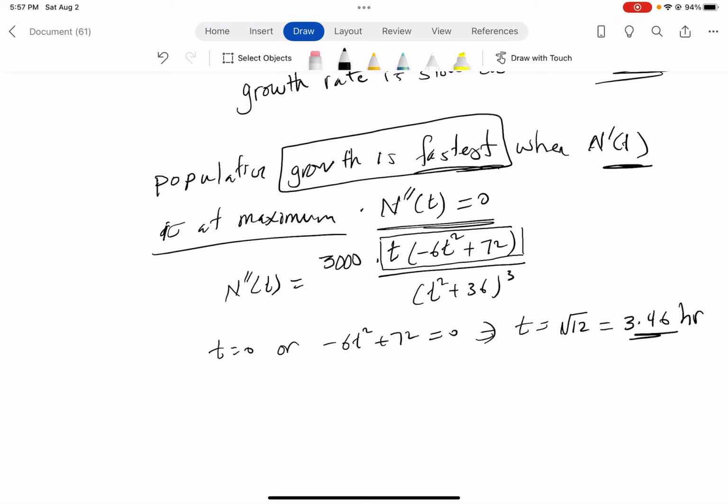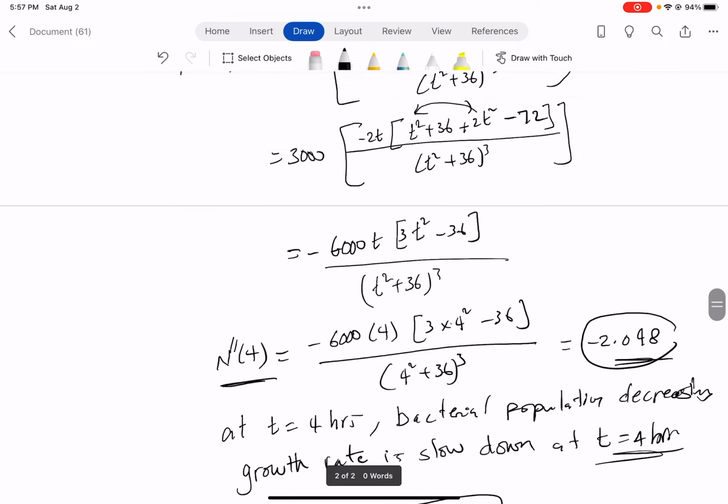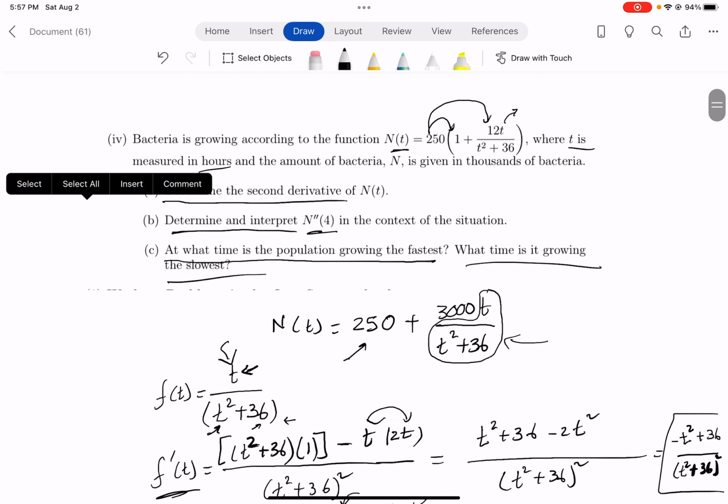This is when the slope of the growth is the steepest, which means the population is increasing at a higher rate, which is a turning point from negative to positive, or positive to negative.